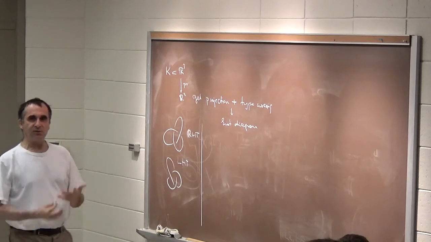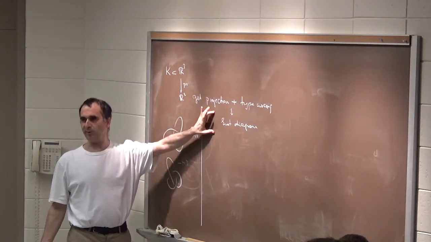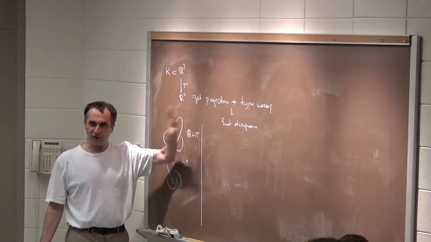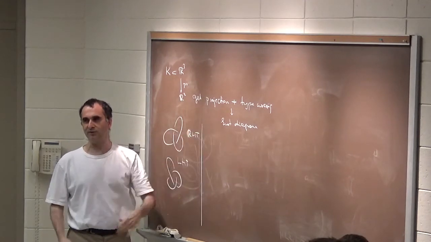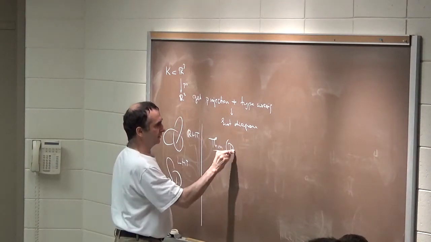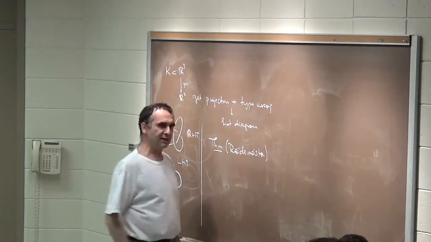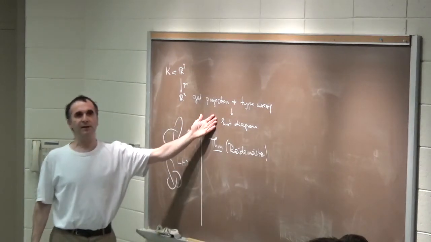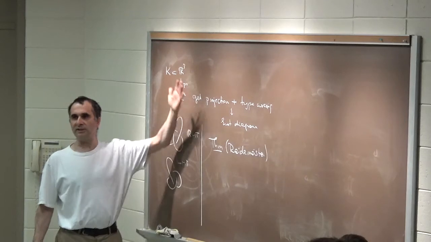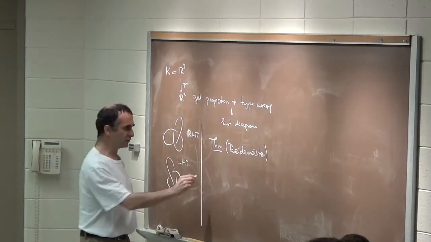So the plan is to get some kind of invariants of knots based on their diagrams, but we want invariants of knots and not diagrams. So there is this famous theorem of Reidemeister, which tells us that an invariant of a diagram becomes an invariant of the corresponding knot if and only if it is invariant under the following three moves.